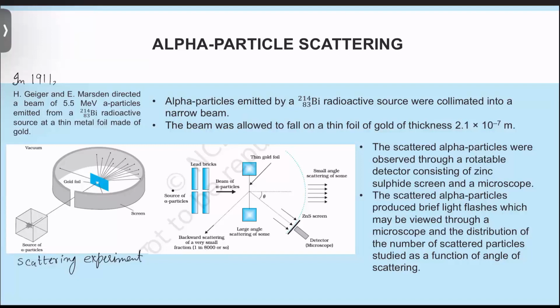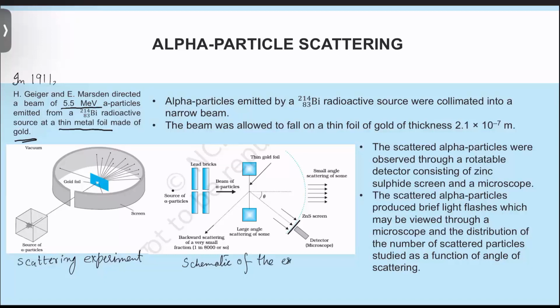This was the setup where a beam of 5.5 MeV alpha particles was emitted from a 214 bismuth radioactive source, and the beam was directed towards a thin metal foil made of gold. We'll see later how the thin gold foil affects this. So this was the setup, and this is the schematic of the experiment.